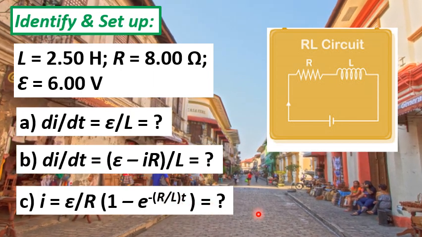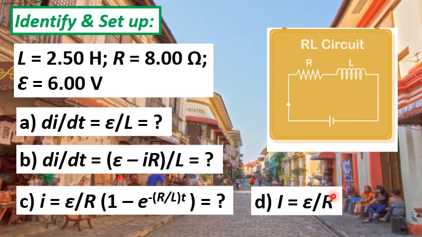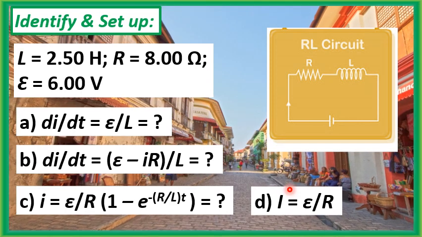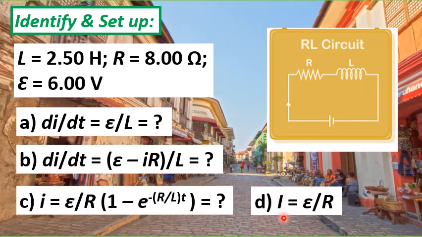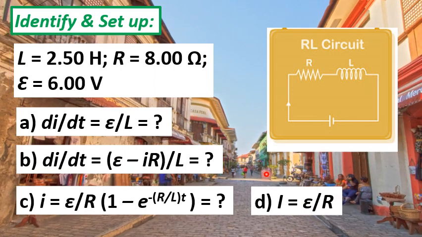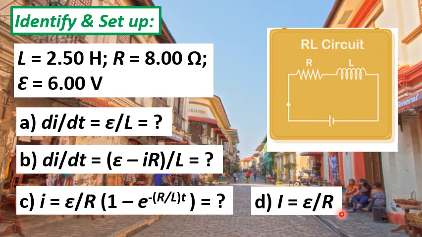And lastly, we are also asked to find the final steady current, capital I, which is simply the amount of the EMF epsilon divided by the amount of the resistance big R.